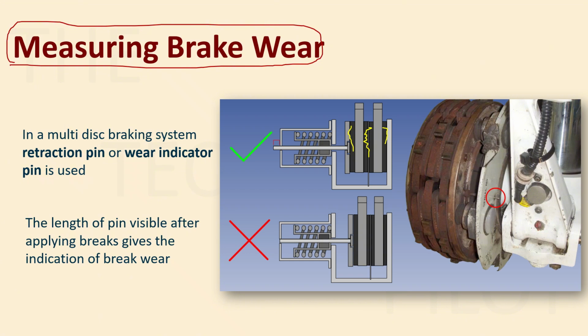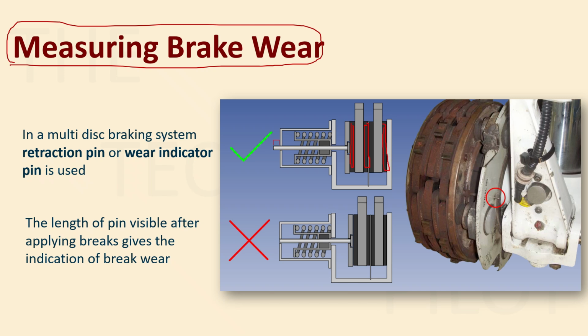So it is natural for the brakes to have some wear, right? So this is normal, right? But there has to be an indication which tells us whether enough brake material, the brake pad, this black part, is remaining or not. If this is worn beyond the limits, then we'll have to replace it, right?